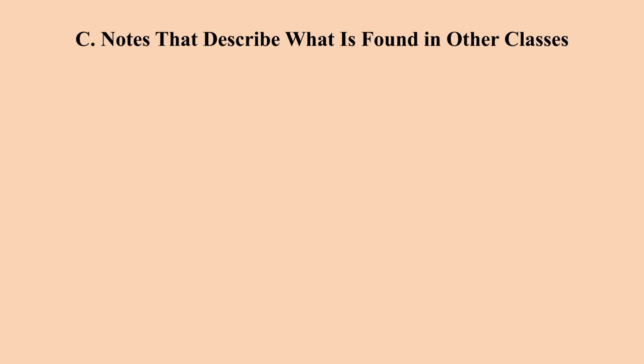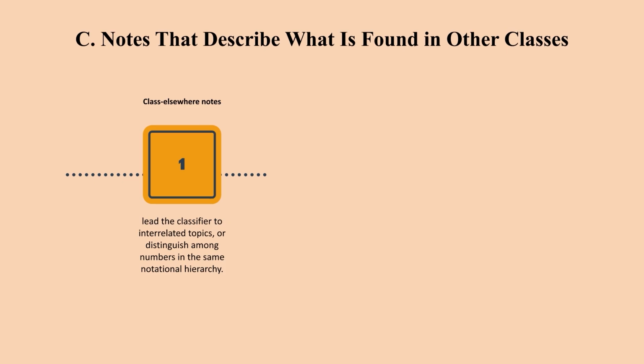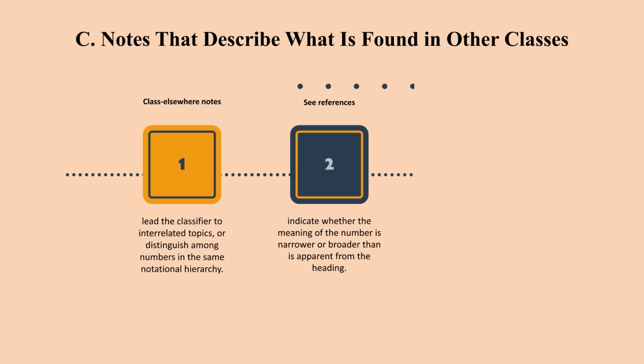So there are actually three subcategories. One is the class-elsewhere note, which leads the classifier to interrelated topics or distinguishes among numbers in the same notational hierarchy. The second one is see references, which indicate where the meaning of the number is narrower or broader than is apparent from the heading.